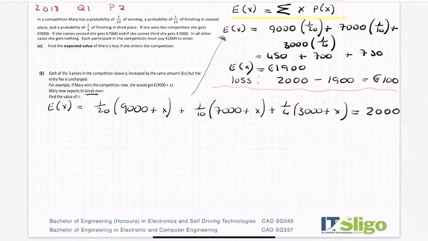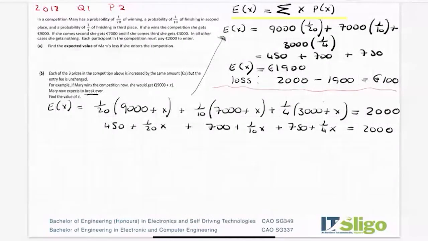Okay, well, I have some of the maths done because we already got 1/20th of 9,000, it's there. We got 450 plus 1/20th X plus 1/10 of 7,000 is 700 plus 1/10 X plus 1/4 of 3,000 is 750 plus 1/4 X, and that's equal to 2,000.